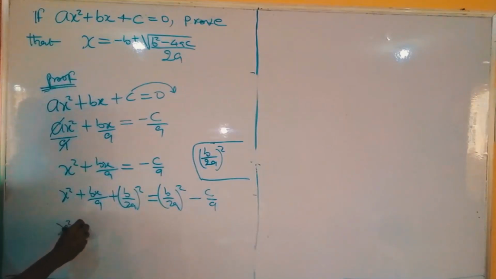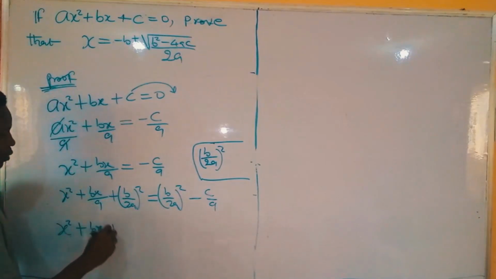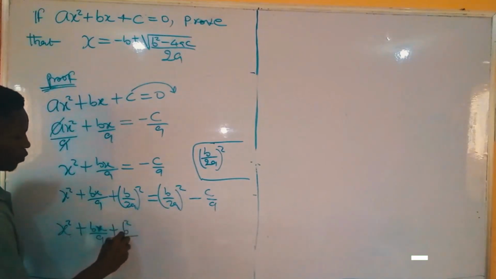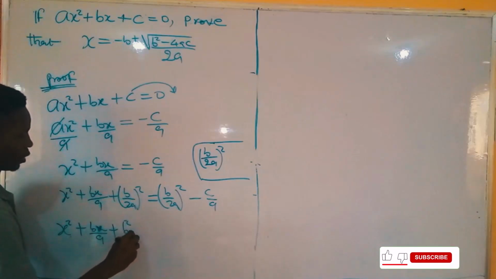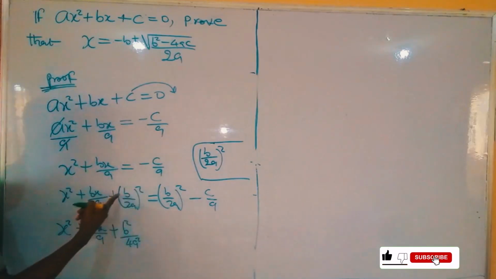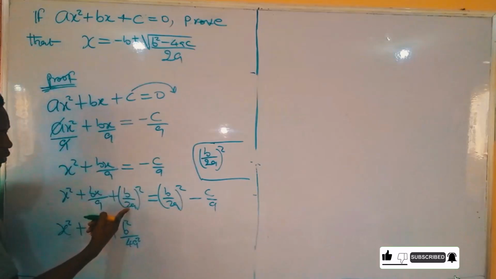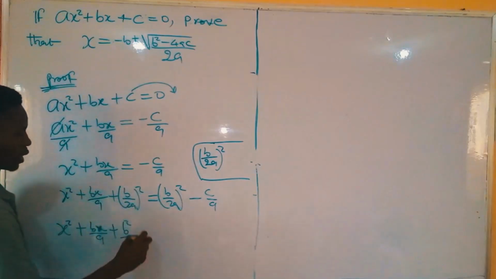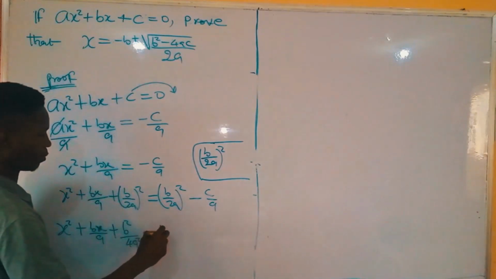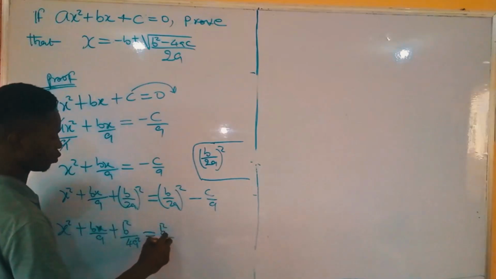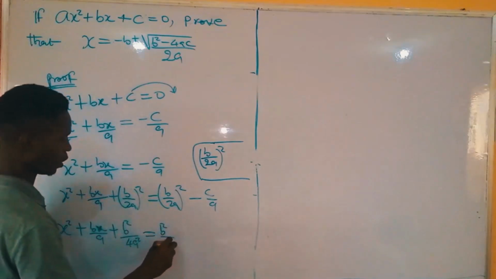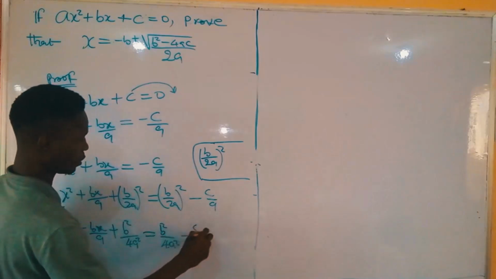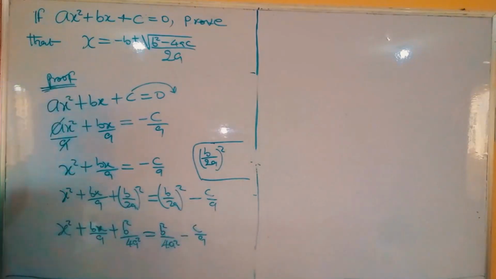So this is x squared plus bx over a plus b squared over 4a squared, because if you take this inside, this becomes squared, 2 becomes 4 and we have a squared here. Same thing here: b squared over 4a squared minus c over a.